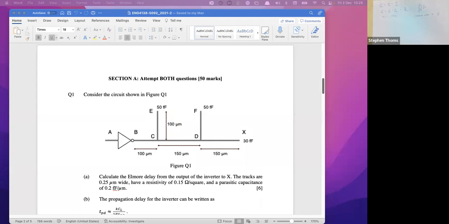So first thing you want to do is draw out from the output of the inverter, which is B, through to X with all the different nodes and changes.